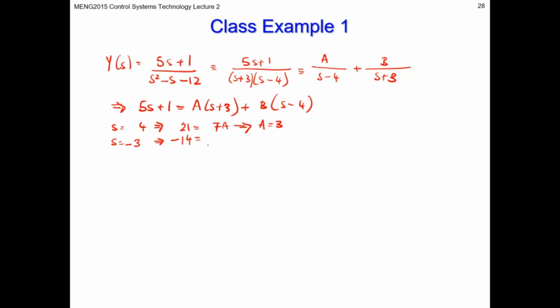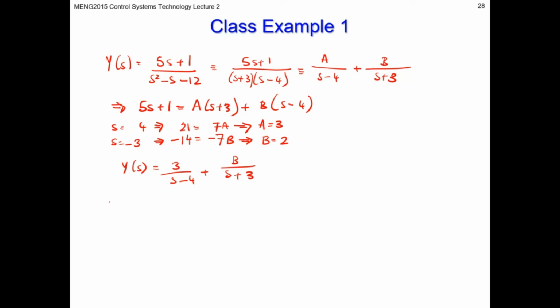Minus 14 equals minus 7b now. So b is looking like 2. So now we can say Y of s equals 3 over s minus 4 plus 2 over s plus 3.